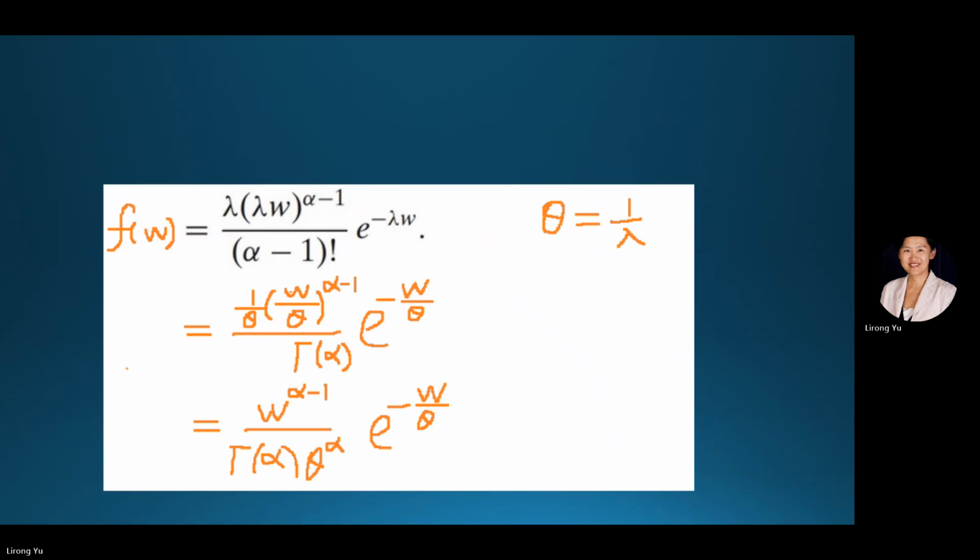And then this lambda is replaced by 1 over theta. That lambda is replaced as well, so that we have 1 over theta to the power alpha. And then the denominator, alpha minus 1 factorial, is being converted to gamma alpha. The reason we changed the factorial notation to gamma alpha, part of the reason, is that factorial calculation only works if alpha is an integer, right?